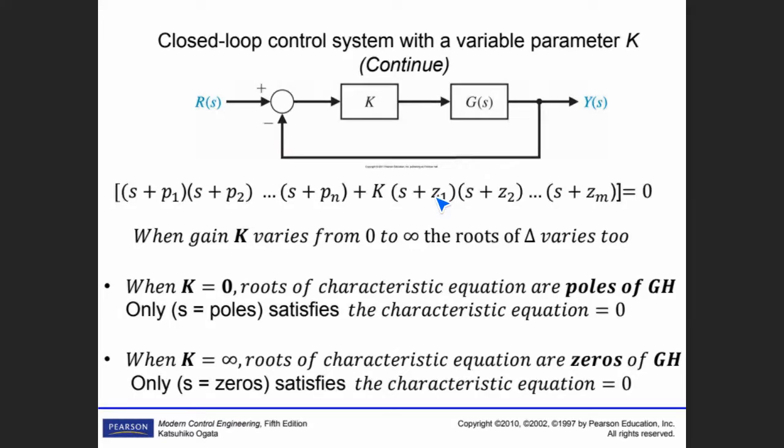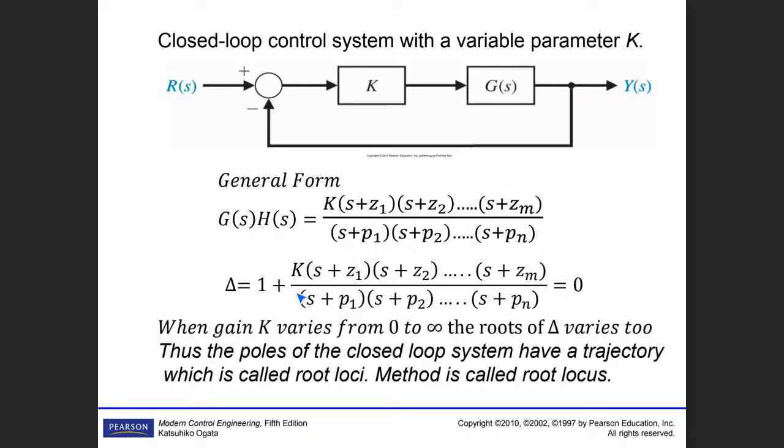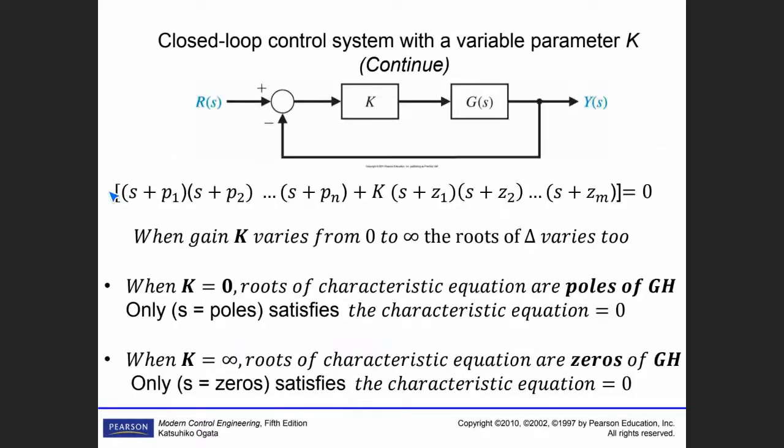I'm going to explain it in English now. This is the equation which is derived from this one. That also reflects delta. But K is changing from 0 to infinity.